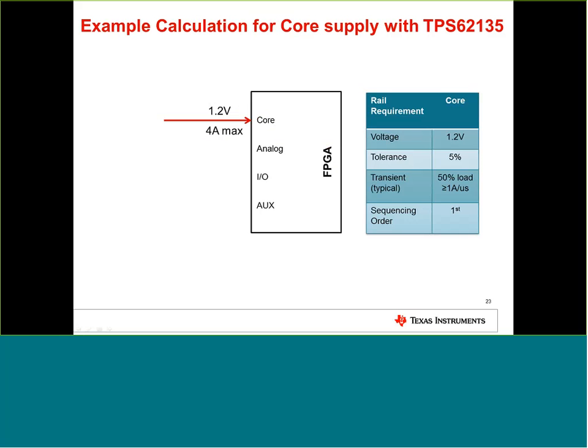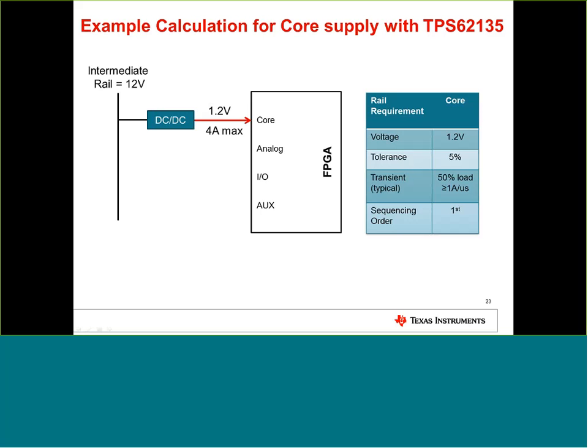So let's start with the calculation. Let's use the core rail. In this case, we want a DC-DC converter with an output of 1.2 volt. In this example, we want 4 amp of maximum current for this rail. The tolerance should be 5%, and the transient should be 1 amp per microsecond.